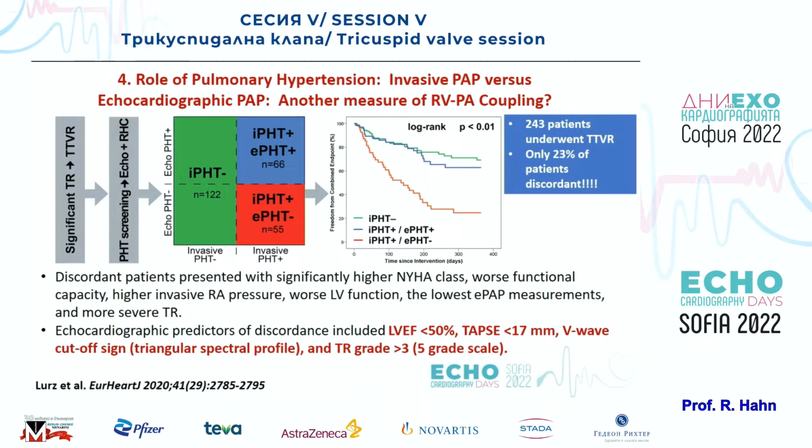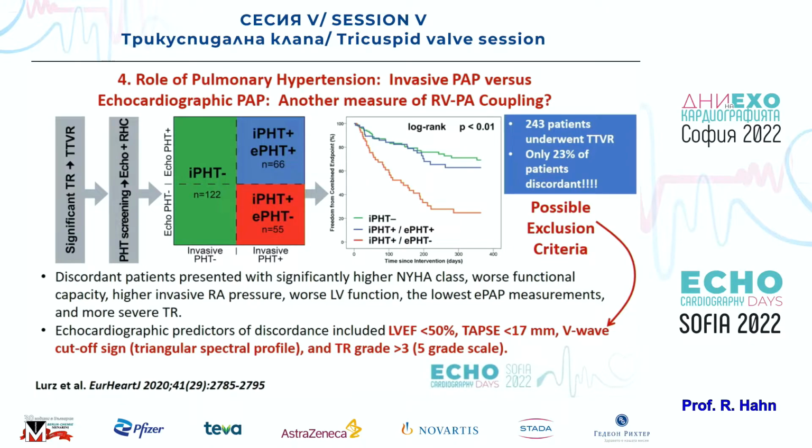Now, we can predict the patients who are discordant by the fact that they tended to have worse LV function, worse RV function, higher grades of tricuspid regurg, and a triangulated spectral profile, the cutoff sign, basically from rapid equilibration of the pressures between the right ventricle and the right atrium.